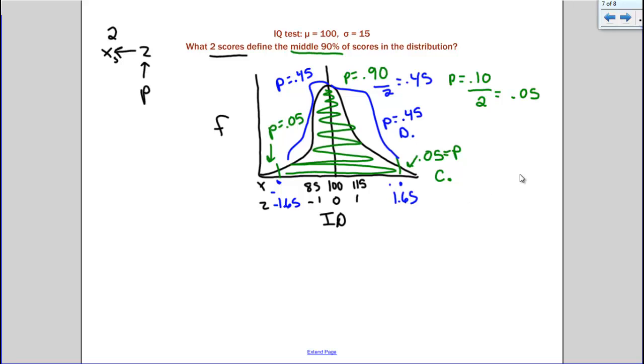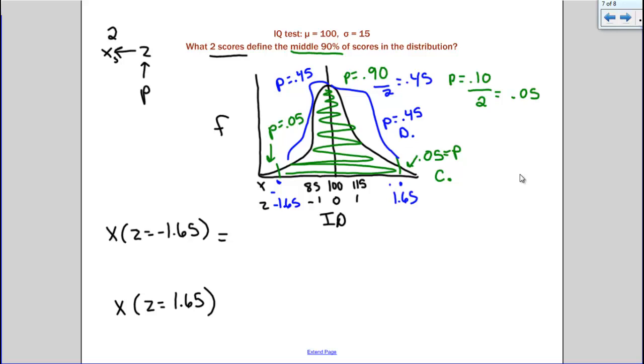We know that for one of these scores we have z equals negative 1.65. And for the other, we have x for a z-score of positive 1.65.